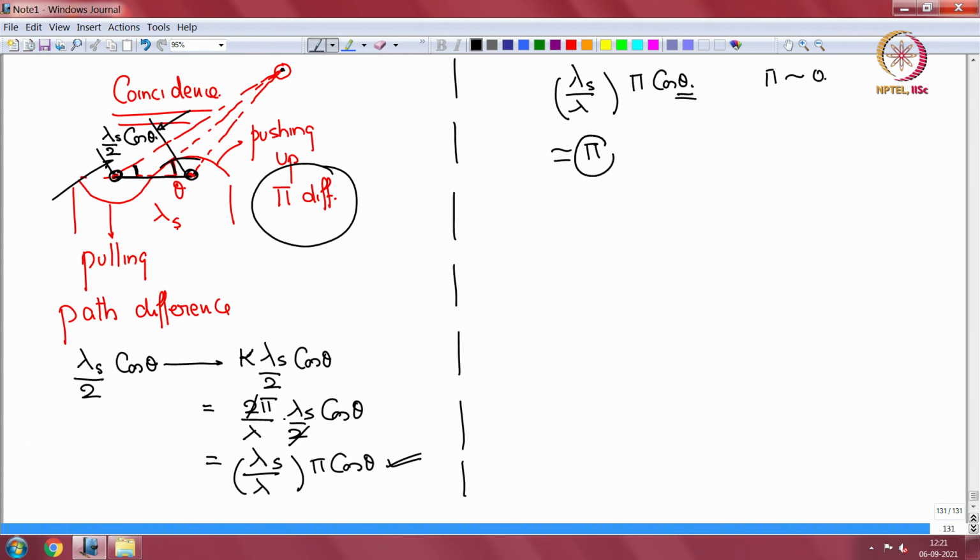Only then you have this pi added to the pi difference from the sign difference. There is a sign difference here, that is the pi difference. So this pi and this pi added together will give you something like twice pi. That is when you have constructive interference at the receiver.